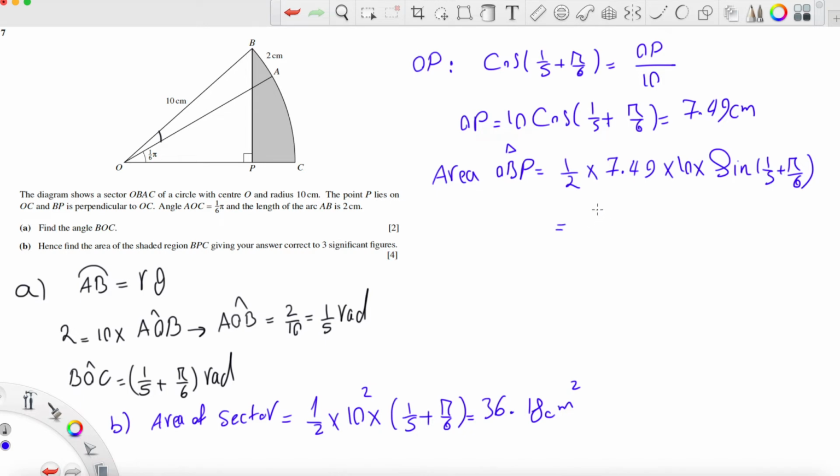This area will be 24.80 centimeters squared. It is the area of this triangle.